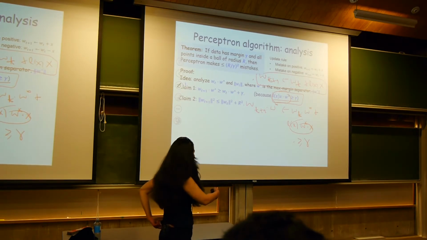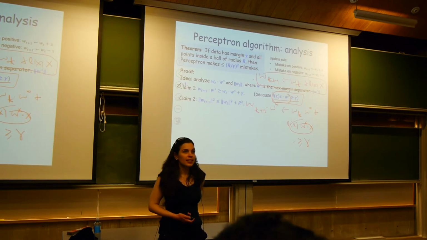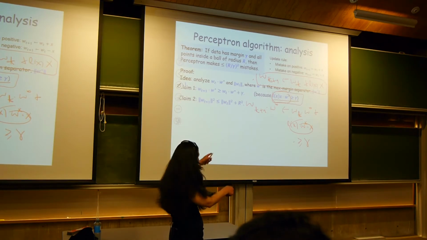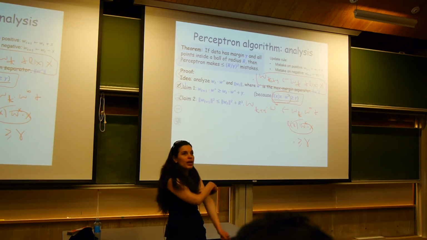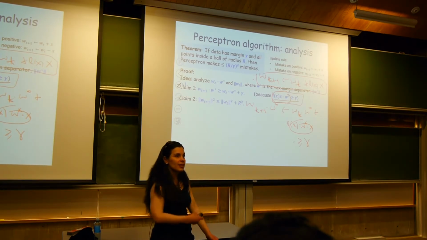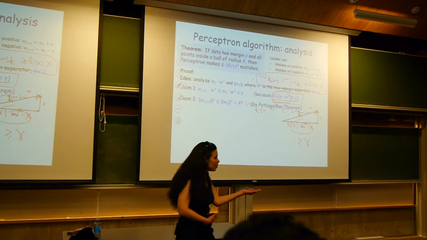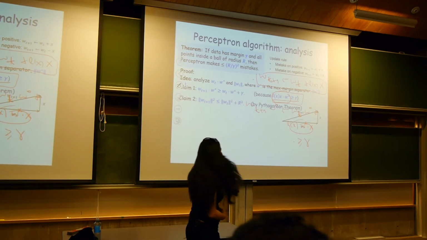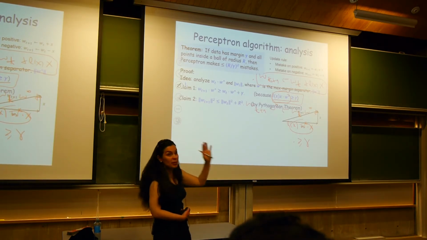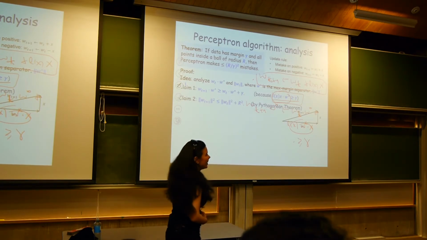So what do we do? When we make a mistake, we update. How do we update? As I mentioned, we either add or subtract an example. This is the update rule. By just using the Pythagorean theorem, how do you pronounce this, Tom? Pythagorean theorem? Good. I know the Greek pronunciation, which is probably more correct anyway.